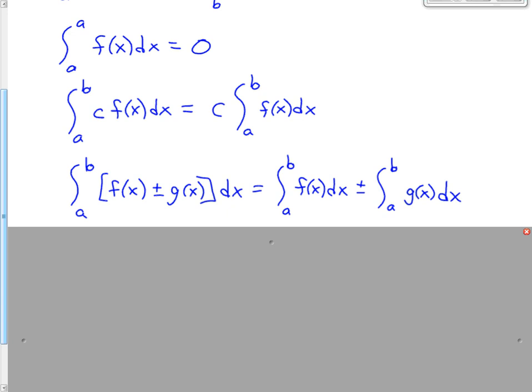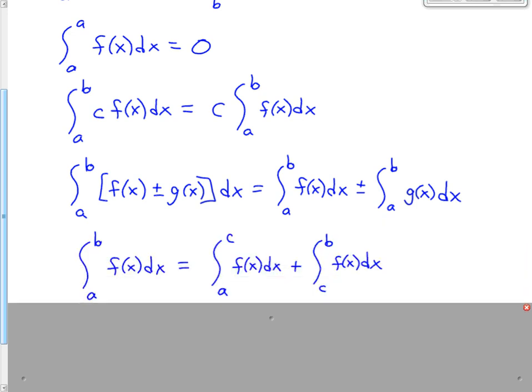If we're doing an integral from a to b of one function plus or minus another function, we can separate those and do the integral separately and then add or subtract the two answers. Another very important property, if we're doing the integral from a to b of a function f of x dx, that will equal the integral from a to c plus the integral from c to b.